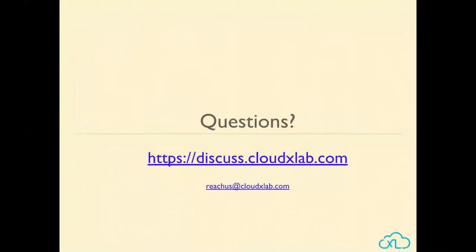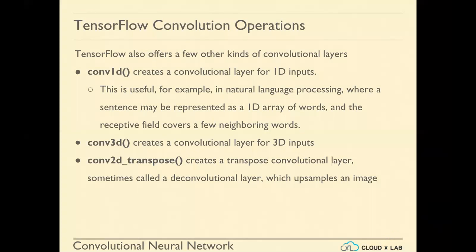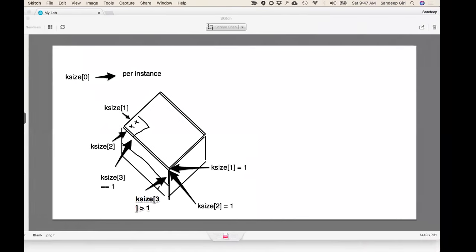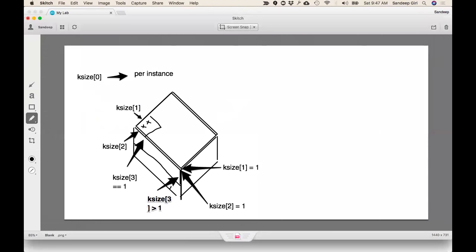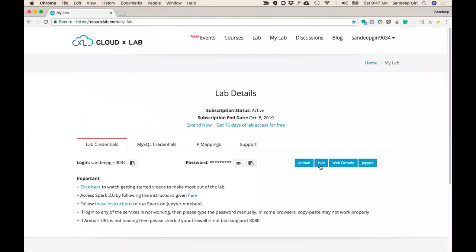So basically, we have multiple functions in TensorFlow to create various kinds of convolution layers. And let's go through the notebooks once. So essentially, what we did was we went through the history of most of the common networks.